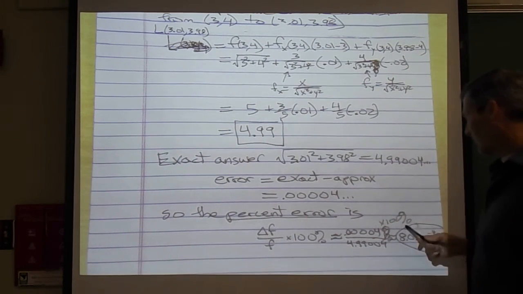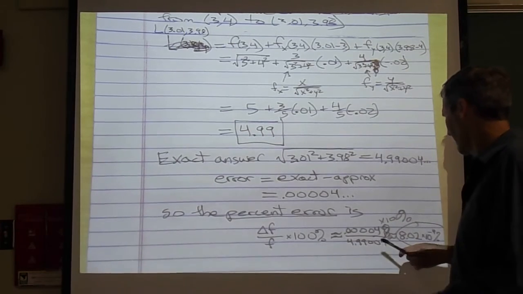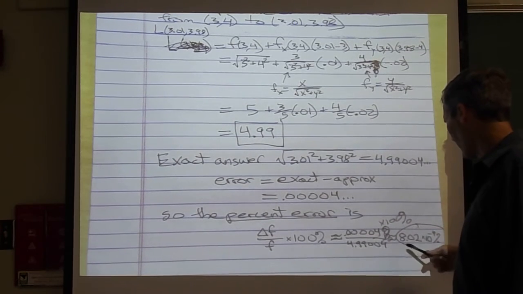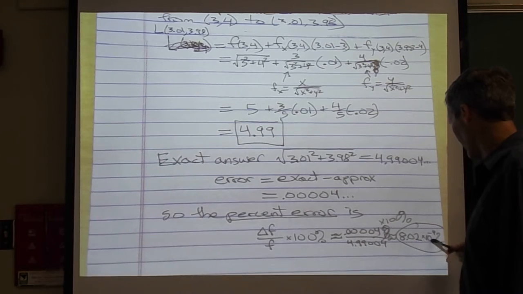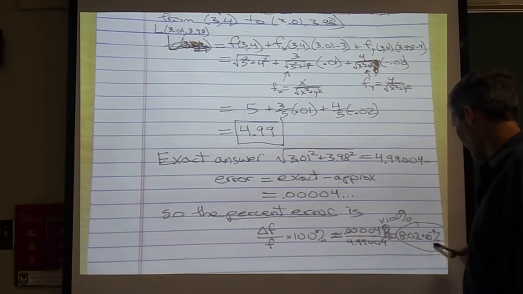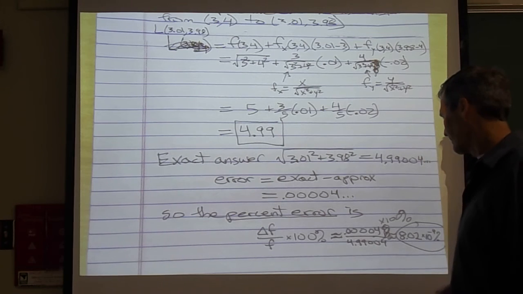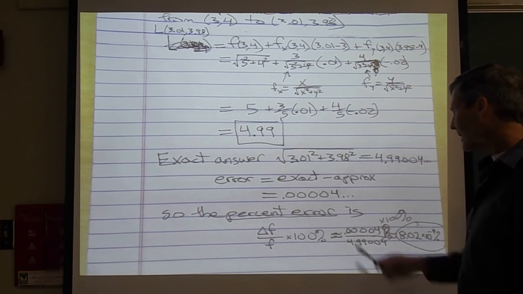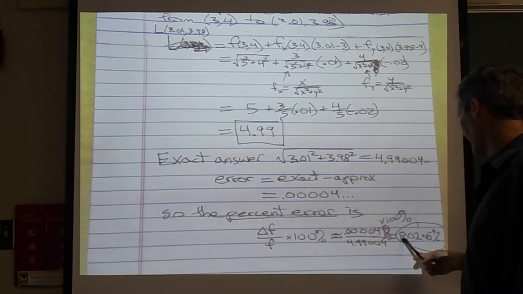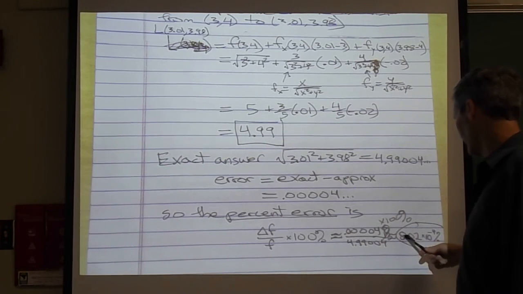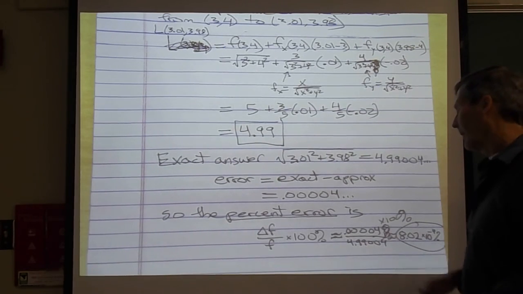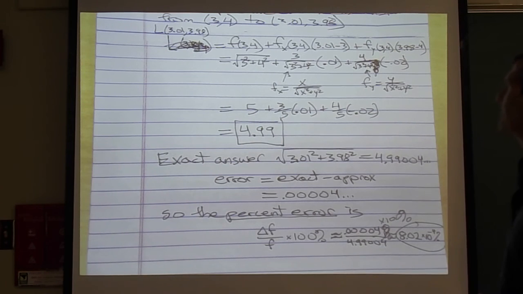Percent sign really means 1/100th, so we're multiplying by 1 here, and we get 8.02 times 10 to the minus 4%. 1/10,000th of a percent error is all. So the actual error is 4 times 10 to the minus 5. The percent error is 8 times 10 to the minus 4% out of the value of the function.